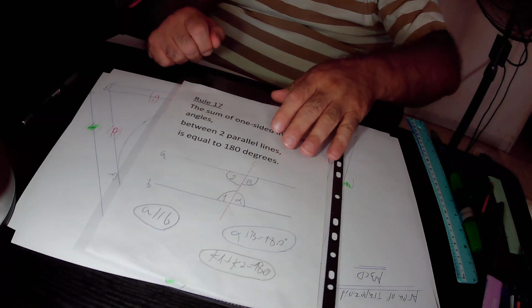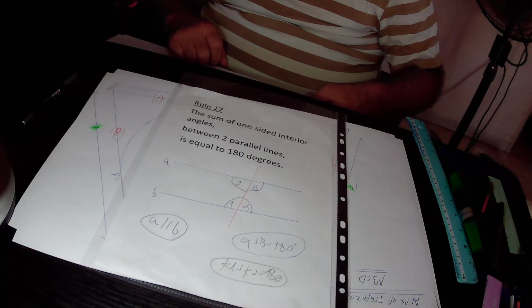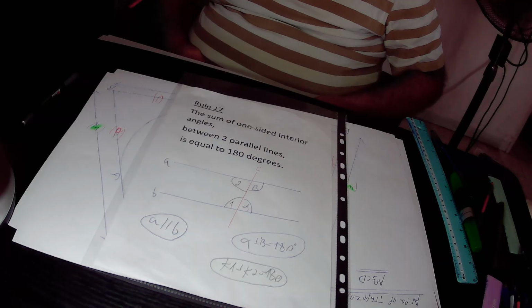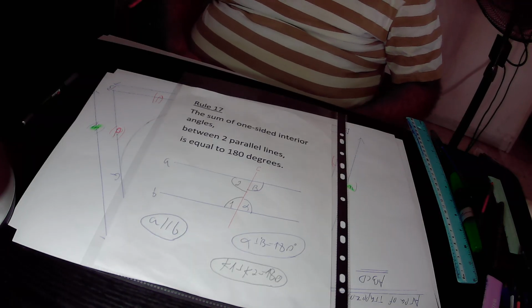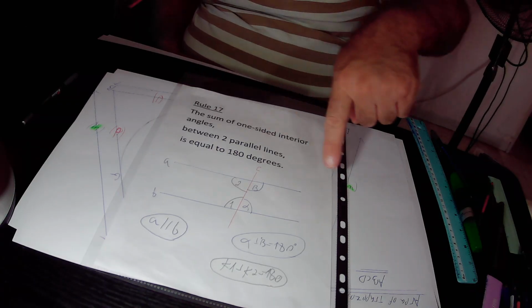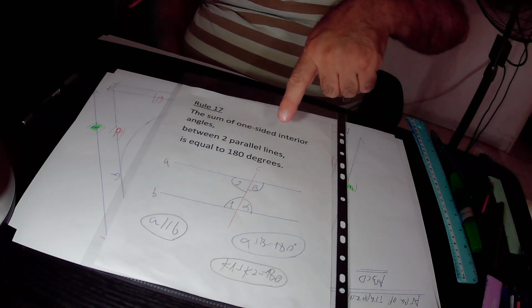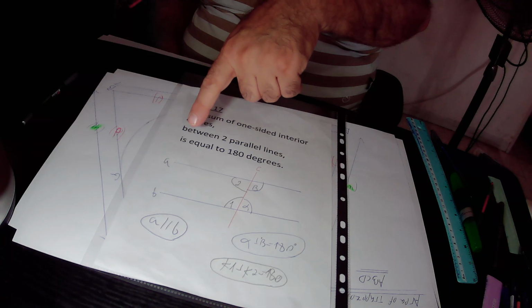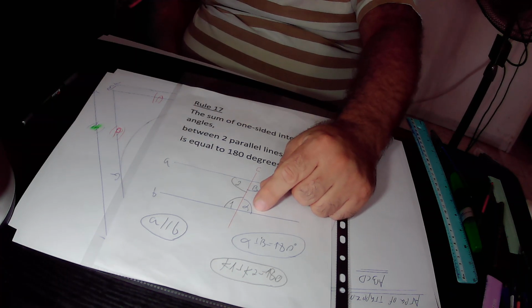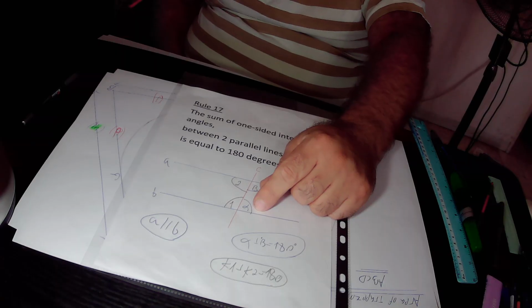According to Rule 17, the sum of one-sided interangles that are located between two parallel lines is equal to 180 degrees. In the drawing we have line A parallel to line B, and the red line C cuts those two parallel lines A and B. Those two angles, alpha and beta, are defined as one-sided interangles.